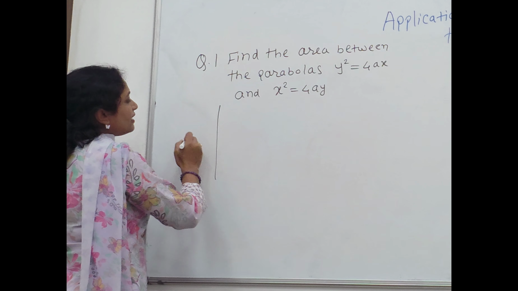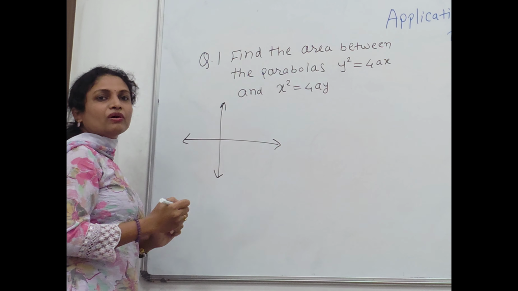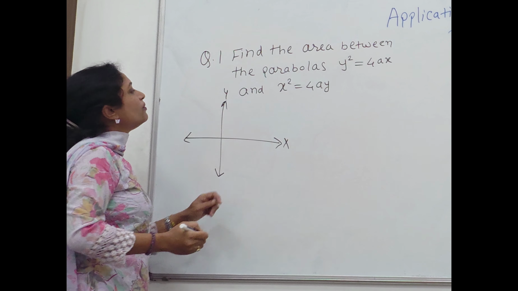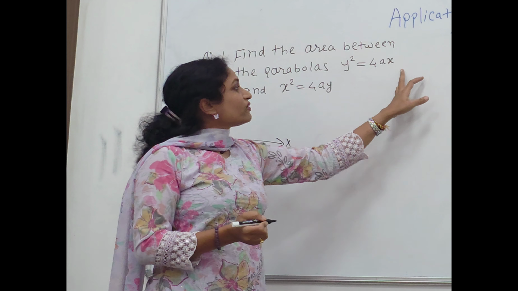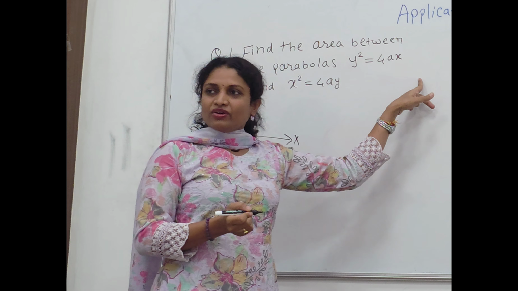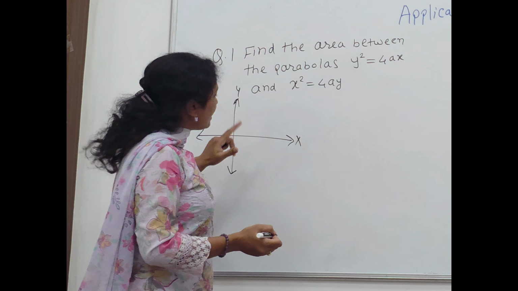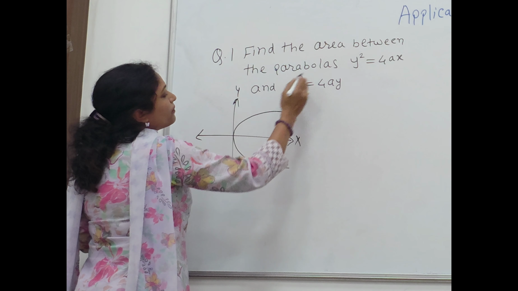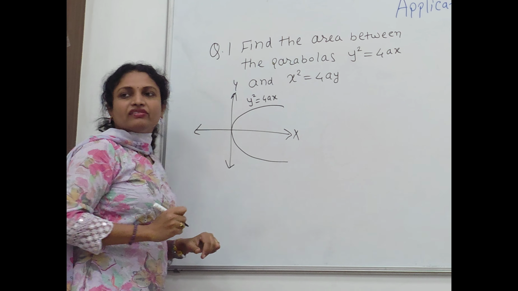I told you the trick to identify whether the parabola is symmetric about the x-axis or y-axis. Here the first parabola is y square equals 4ax. In y square equals 4ax, x has an odd power, right? So it will be symmetric about which axis? The x-axis. So your parabola will be like this, with the equation y square equals 4ax.